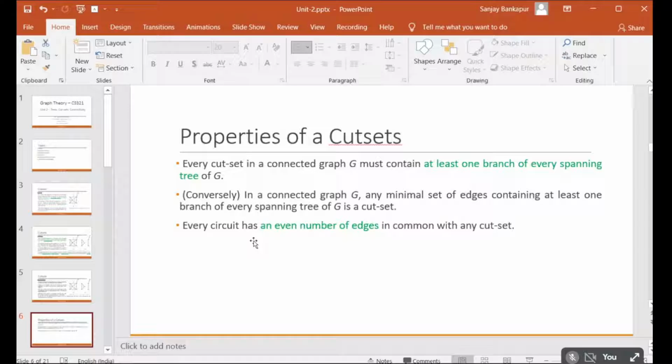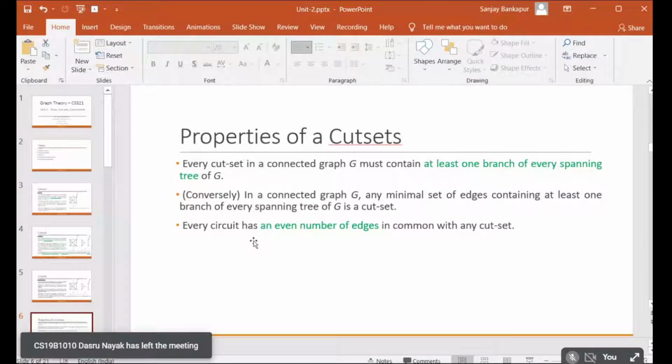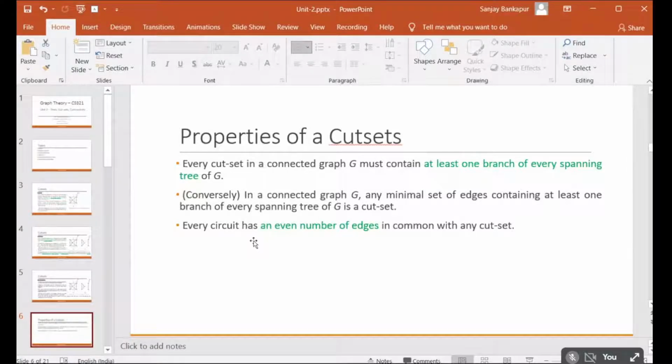And coming to the third theorem: every circuit has an even number of edges in common with any cut set. Try to understand this statement. We have some keywords like circuit, right? Circuit for a given graph. Definitely a circuit is not there for a tree. And an even number of edges in common with any cut set.